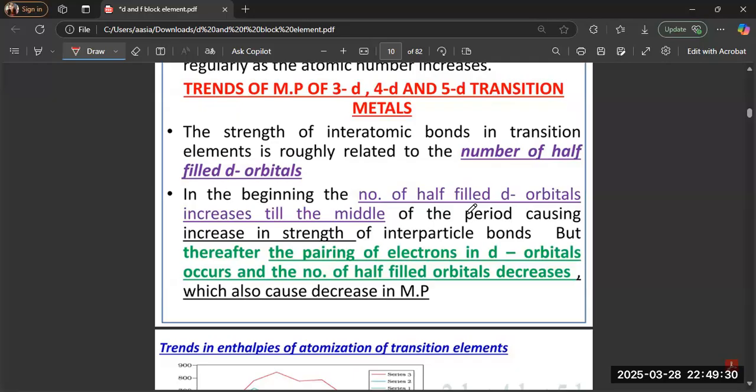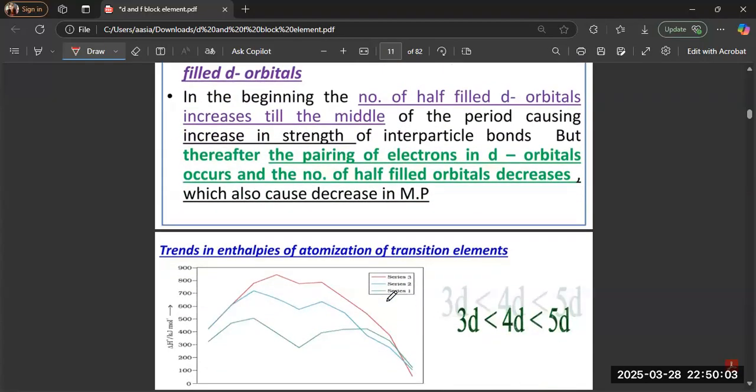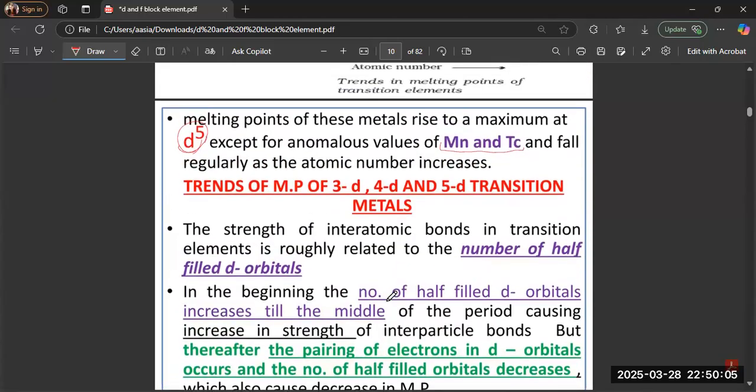But then the pairing of electrons in d orbitals occurs and the number of half-filled orbitals decreases, which also causes a decrease in the melting point of the transition metals. Okay, so these are all about the melting point.